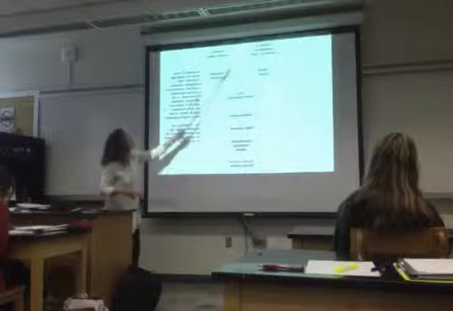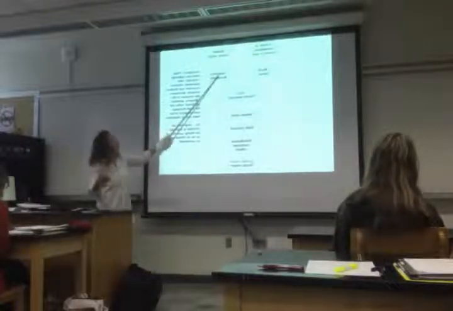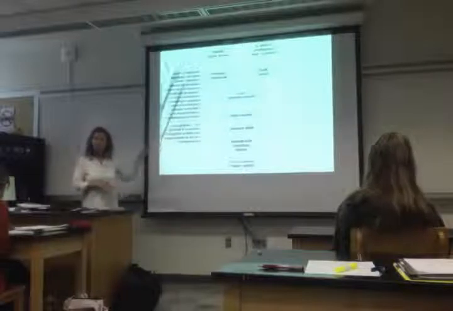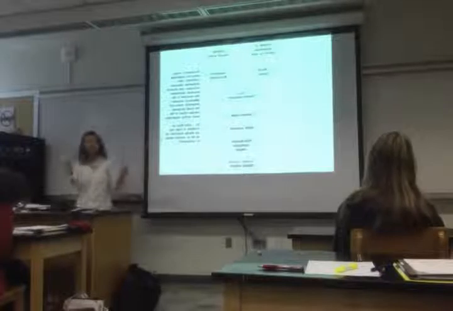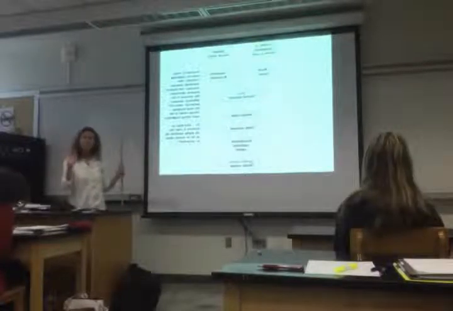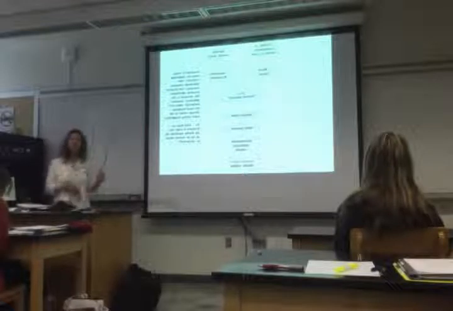And here's one other way that we have not yet talked about, but let's talk about it now. It's increasing inspiration. What's inspiration? When you breathe in. I know we haven't done the respiratory system yet. We're going to do that. But from anatomy, we should remember the diaphragm was our big deal breathing muscle.